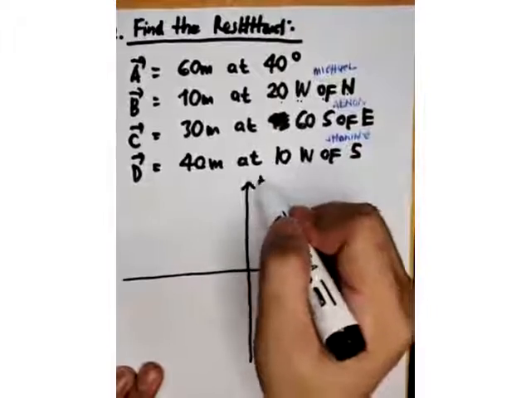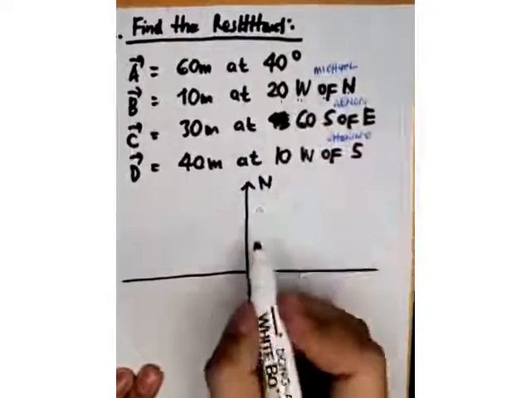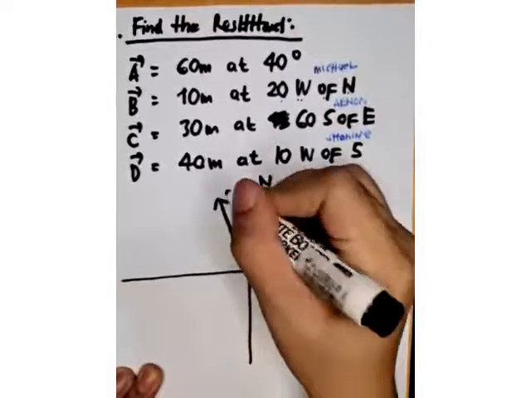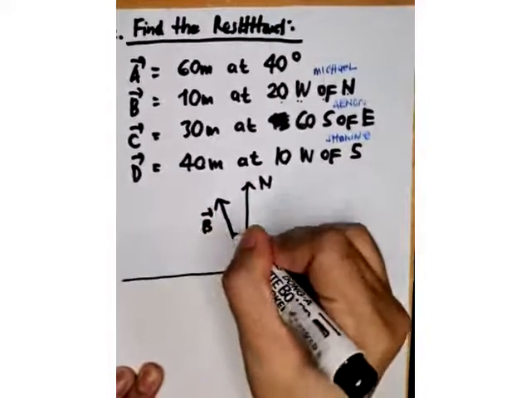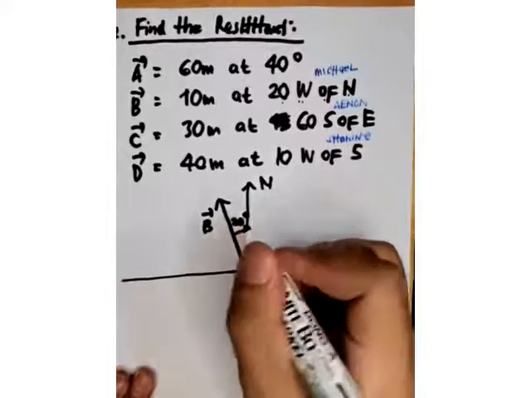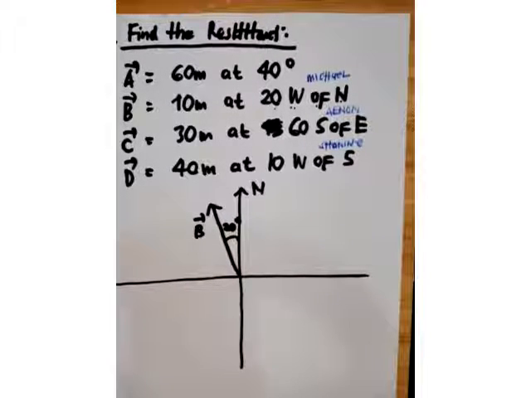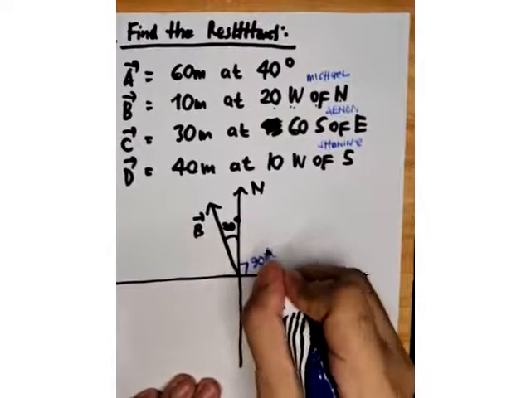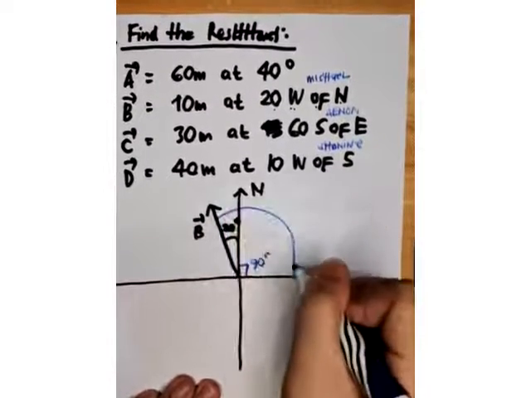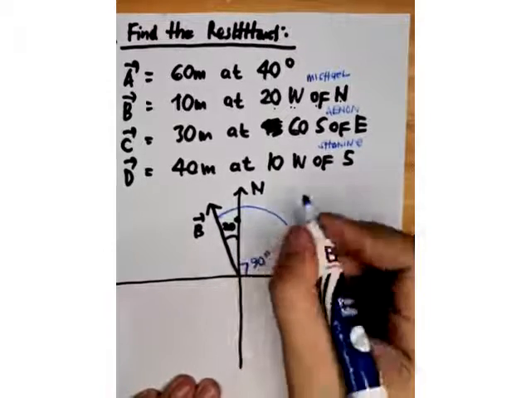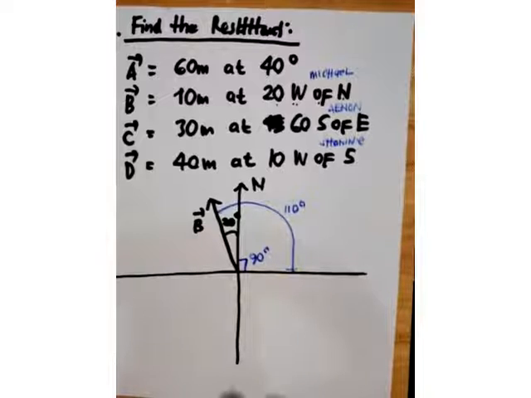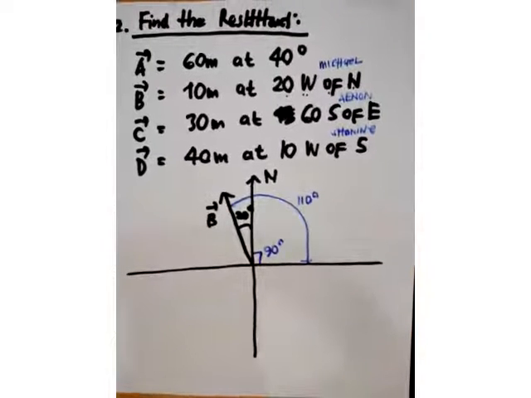Reference natin is north. Tapos pupunta daw siya ng west ng 20 degrees. So, nandito yung vector B at nandito yung 20 degrees. Di ba ang angle na to ay 90 degrees? So, i-add mo yung 20. So, 110 degrees. Tama ka, Michael? Very good.